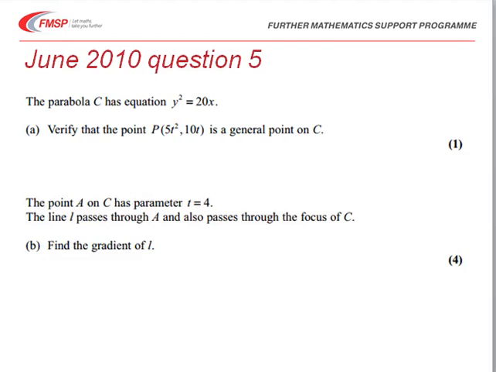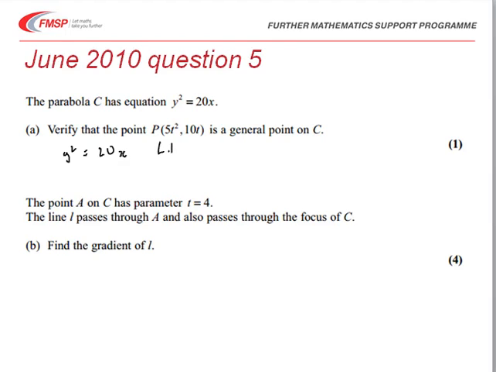Well, taking these parts one at a time, then verifying that the point (5t squared, 10t) is a point on C. We simply need to start off by looking at y squared, the left hand side of the equation, and 20 multiplied by x, which is the right hand side of the equation.